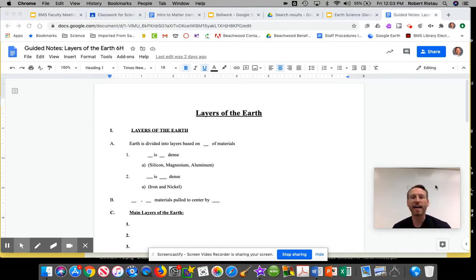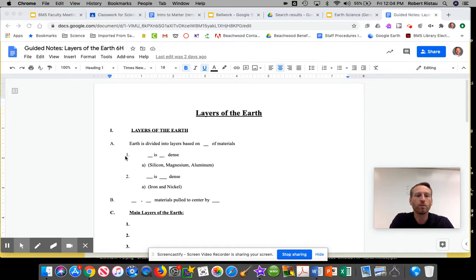All right, so this is a guided notes where I'm modeling for you how outlines work for a note structure. You'll notice here at the beginning there's a Roman numeral I for a main idea. The main idea for this is the layers of the Earth. Then you have subheadings that are the big capital letters. Every time something is indented, that means it is information that relates back to the letter or number above it as a general statement.